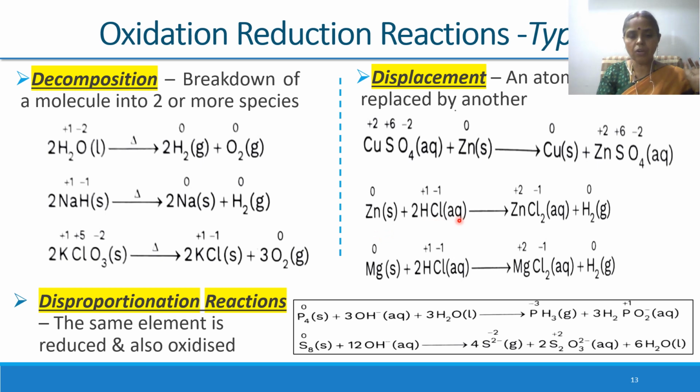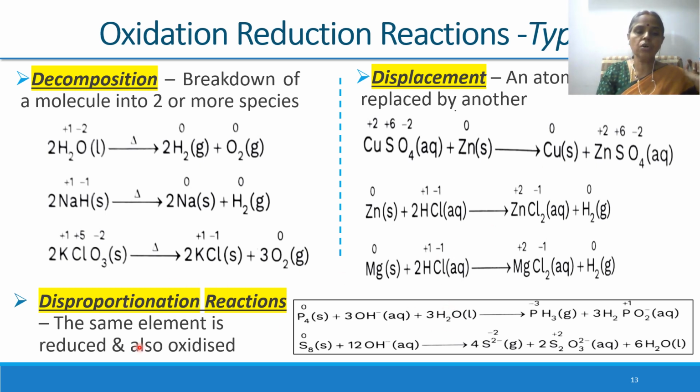Zinc and hydrochloric acid form zinc chloride with the liberation of hydrogen gas. Magnesium and hydrochloric acid form magnesium chloride with the liberation of hydrogen gas. So these are examples in which an atom is displacing another atom from the particular compound.